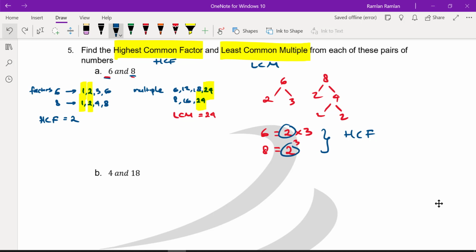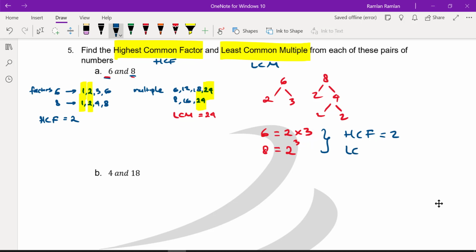So to find the highest common factor, we take the number that is the same but with the lowest power, which is this one over here, because this one has a power of 1. So that's just 2. We do not take the 3 because 8 doesn't have any factor of 3. So the highest common factor is just 2.